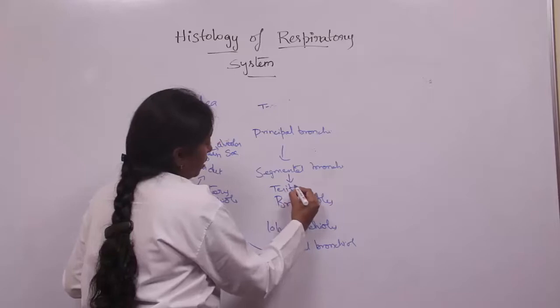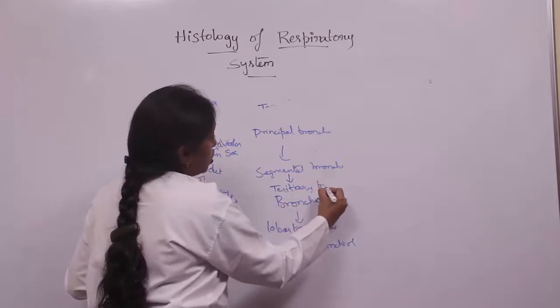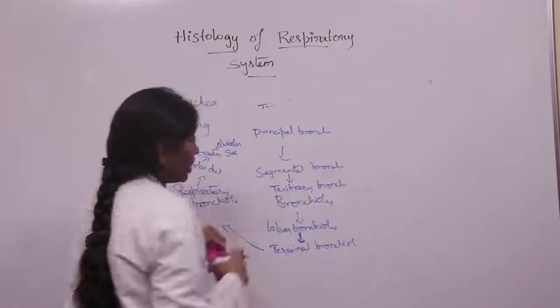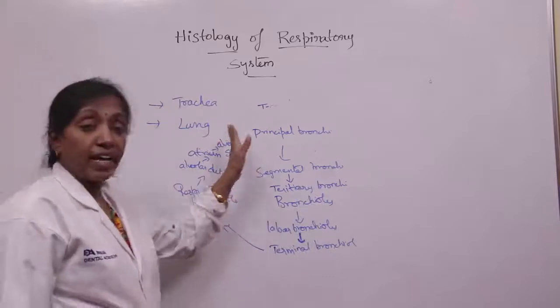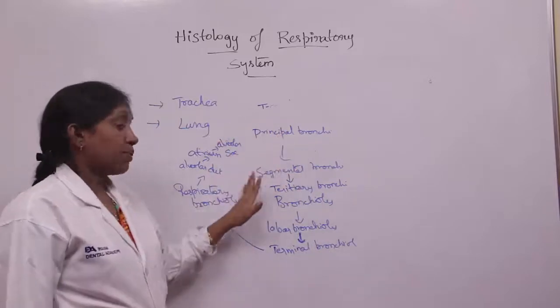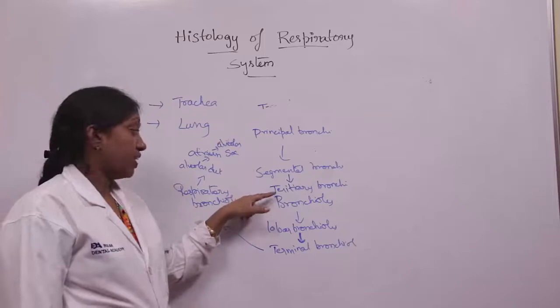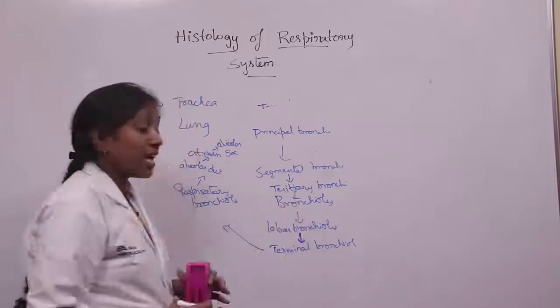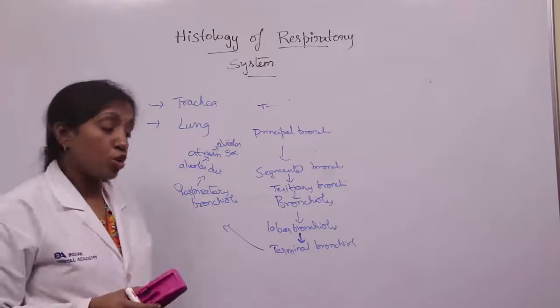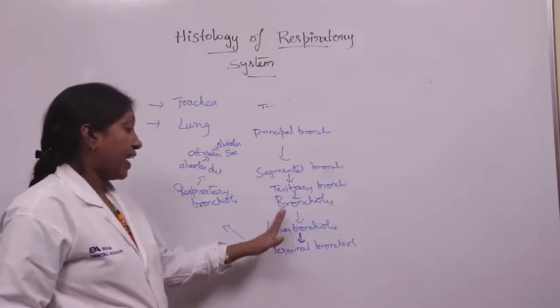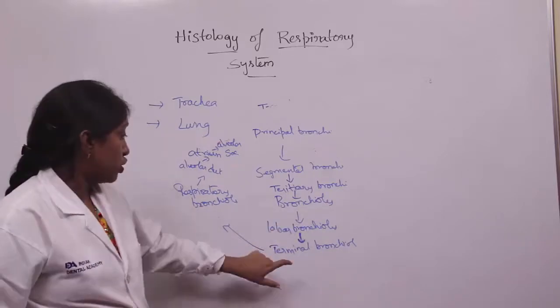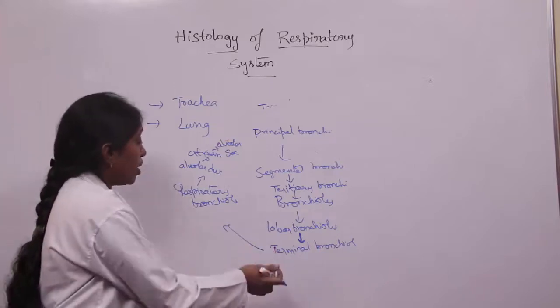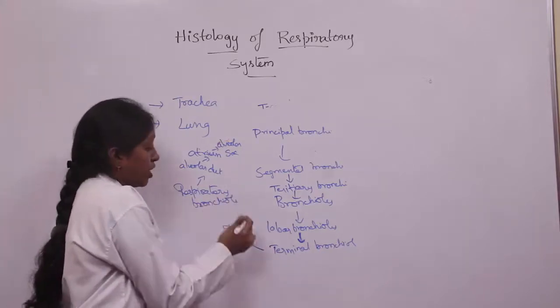So the principal bronchi here divide into segmental bronchi. The segmental bronchi again divide into tertiary bronchi. The tertiary bronchi again divide into bronchioles, and each bronchiole enters into each lobe of the lung as a lobar bronchiole. Again this lobar bronchiole further divides into terminal bronchiole, and this terminal bronchiole further divides into respiratory bronchiole.